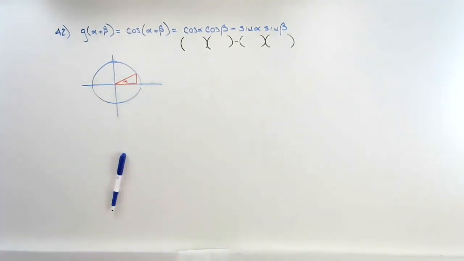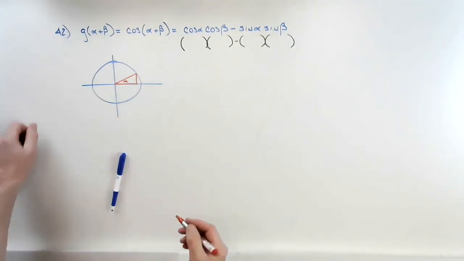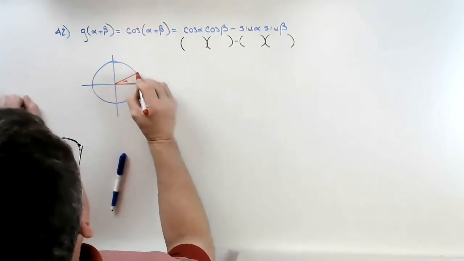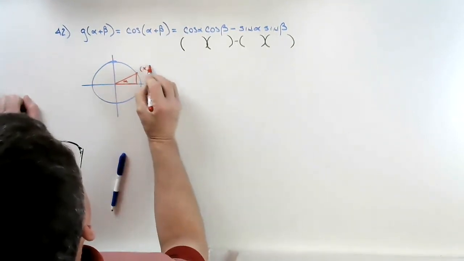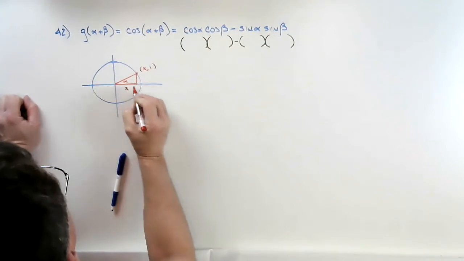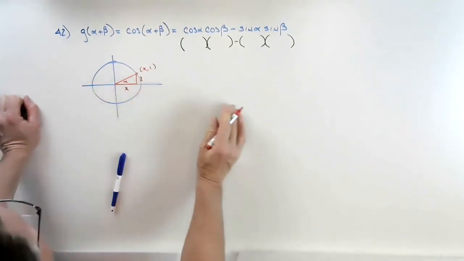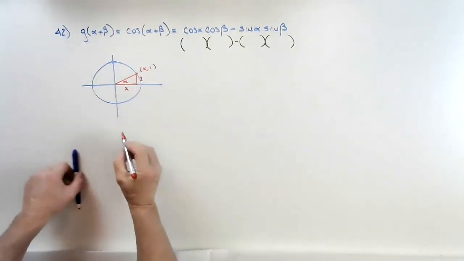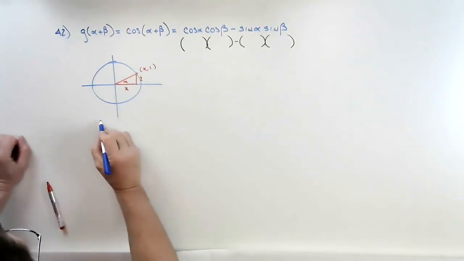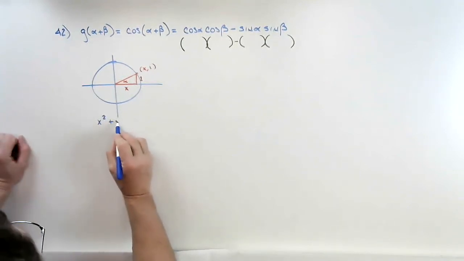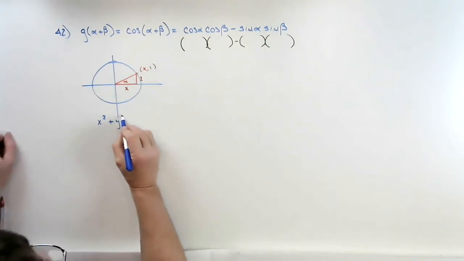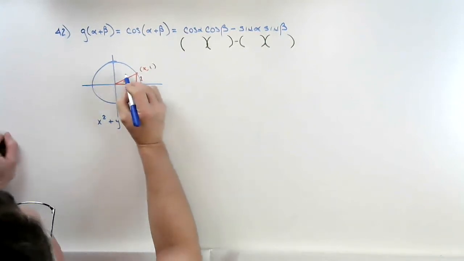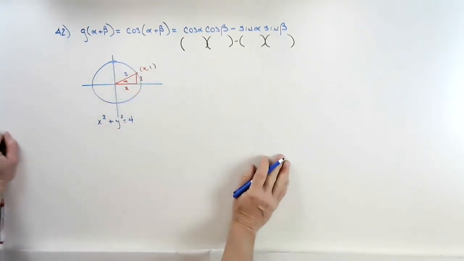So our reference angle is our angle. And they tell us this point right here is x comma 1, which means that side is x, that side is 1. And they tell us that our circle is x squared plus y squared equals 4. So that means our hypotenuse is 2.